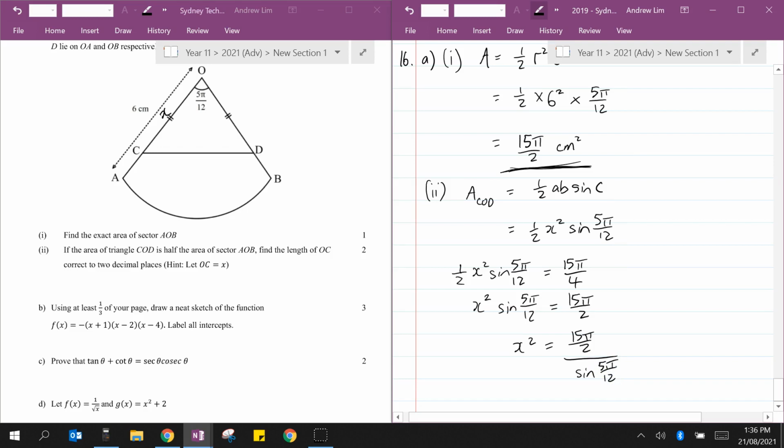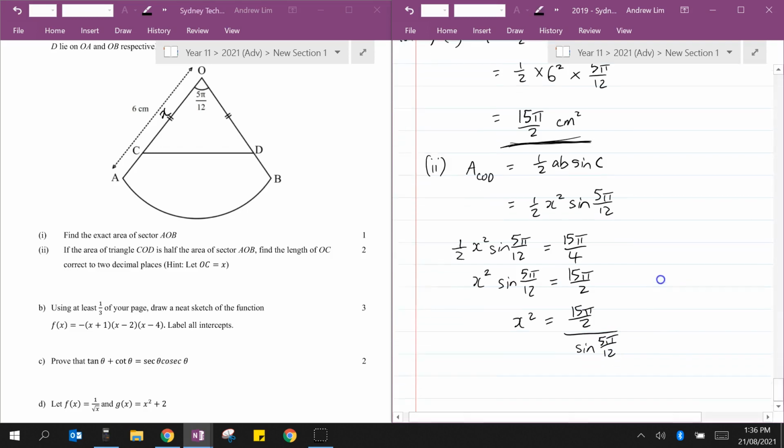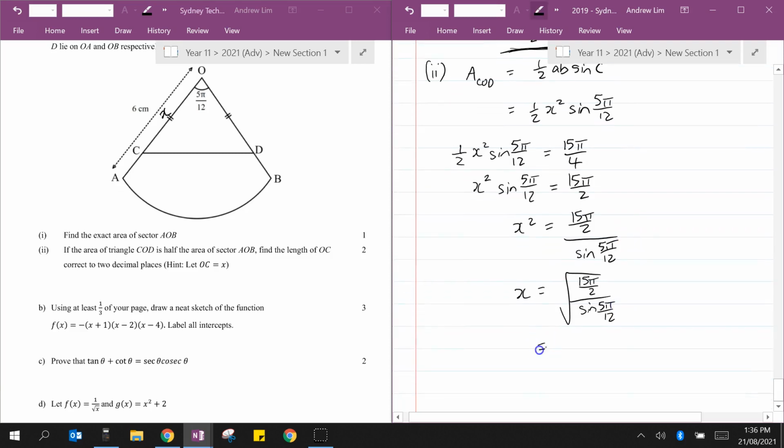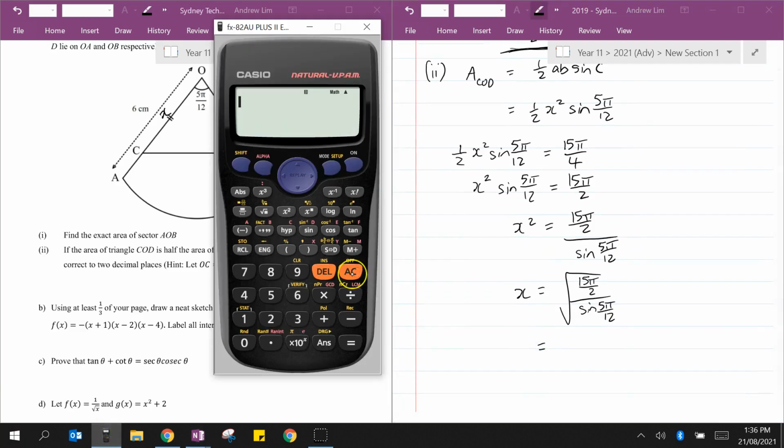Now this says correct to 2 decimal places. Okay. So x is equal to the square root of all of that. Okay, I'm going to put my calculator in radian mode because here I've got pi, and I'm doing trig, so it needs to be in radian mode.